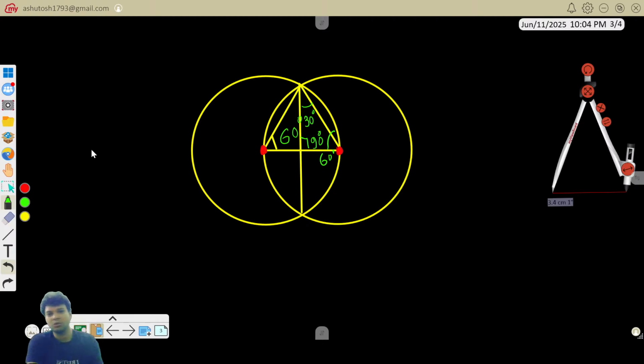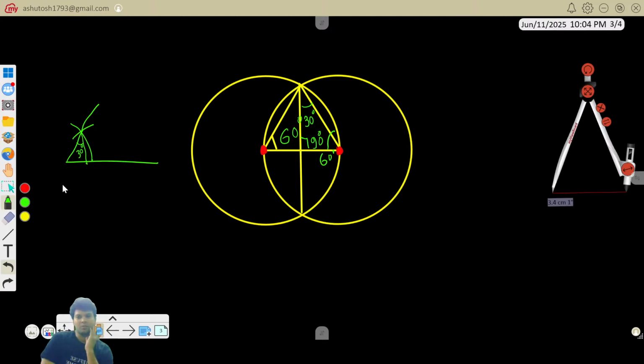Simply, from this we make an arc, and from this we make an arc. We draw a perpendicular, and whatever we get, that is the 30 degrees. Correct? Again, can you make 90 degrees now? How can you make 90 degrees? It's actually very simple.